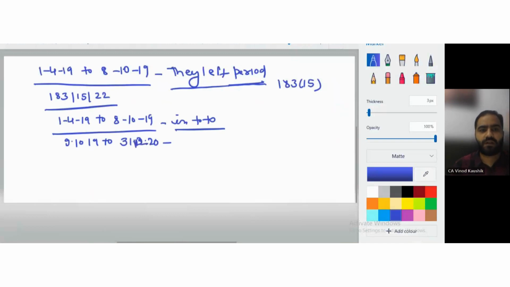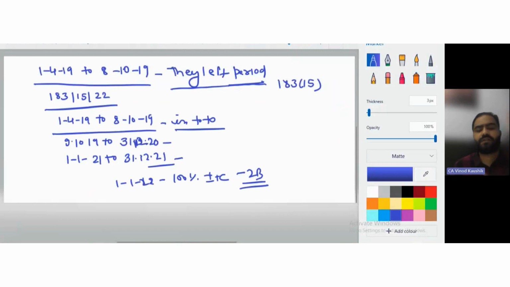Subject to conditions. Then from 1/4/21 to 31st of December 2021, and then from 1/1/22, 100% ITC was allowed when it was appearing in 2B. So you can say 2A lost its significance practically from that period.